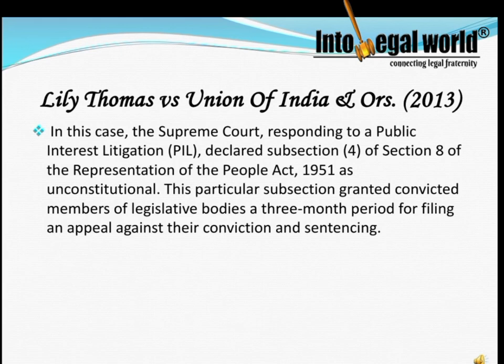In this case, the Supreme Court, responding to a public interest litigation, declared subsection 4 of section 8 of the Representation of the People Act 1951 as unconstitutional. This particular subsection granted convicted members of legislative bodies a 3-month period for filing an appeal against their conviction and sentencing.